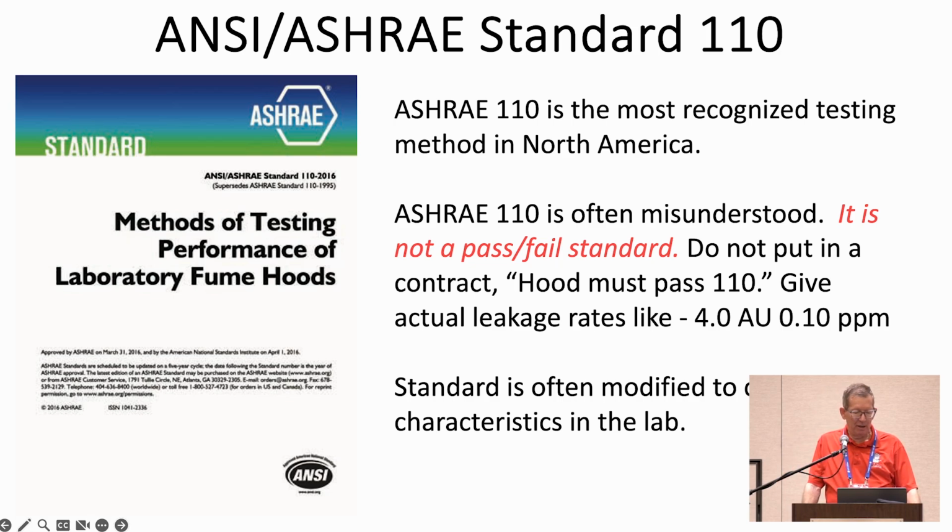ANSI Z9.5, which I am a co-author of, does give that number in the 2022 standard. The number they give is 0.1 parts per million. So if you put that number and say use 110 to measure the number, now you have a test.